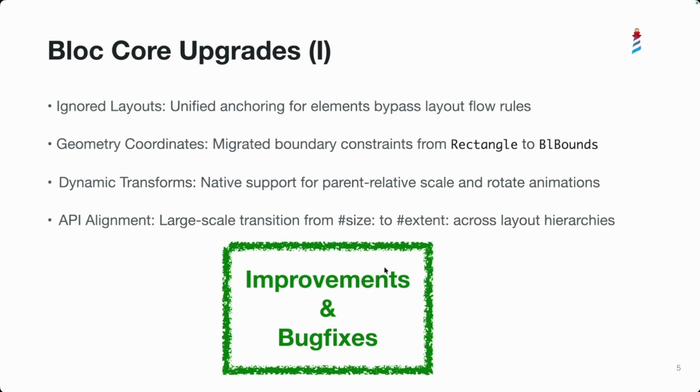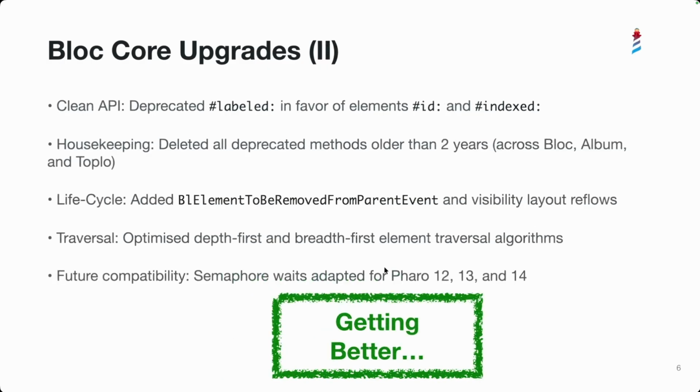Especially we are working a lot on the alignment of the API, making it nicer and more consistent in the whole system, and consistent also with the nomenclature and the idioms that we use in Pharo. We have cleaned it a lot. We are doing a lot of housekeeping.